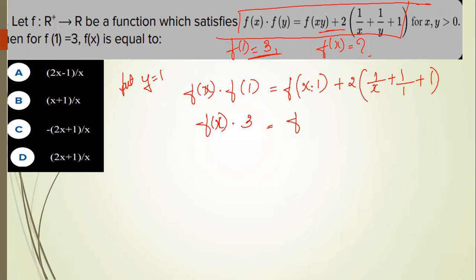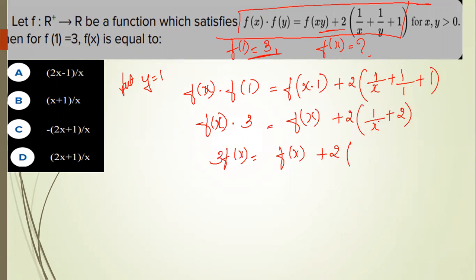So it is f of x into 1, which is again f of x, plus 2 into 1 by x plus 1 by 1 is 1, 1 plus 1 is 2. So 3 f of x is equal to f of x plus 2 into, if you take the LCM, 1 plus 2x divided by x.